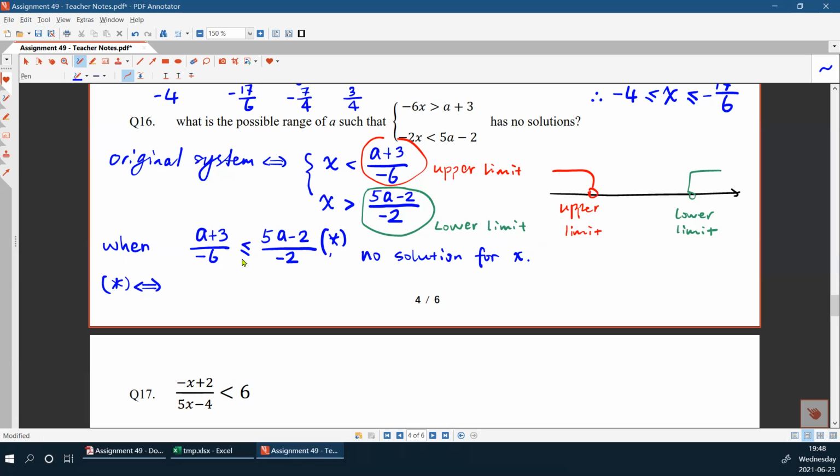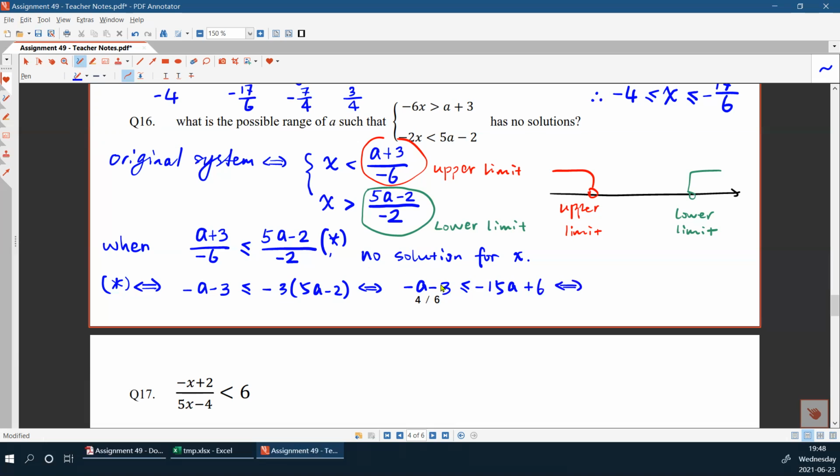You can times 6 to both sides. Left hand side becomes -a minus 3. Right hand side becomes minus 3 times (5a minus 2), right? This is equivalent to -a minus 3 smaller than or equal to minus 15a plus 6.